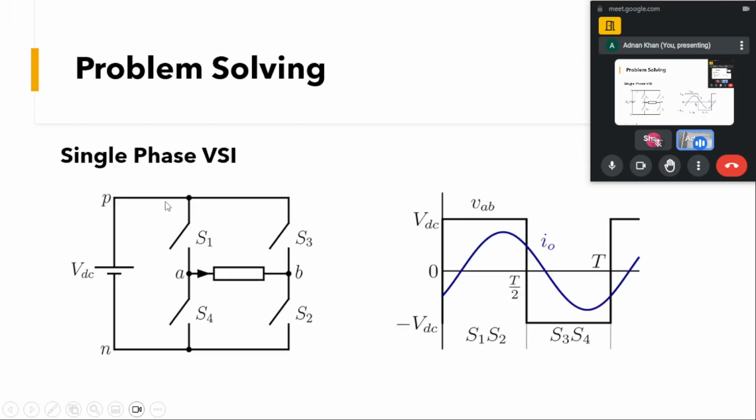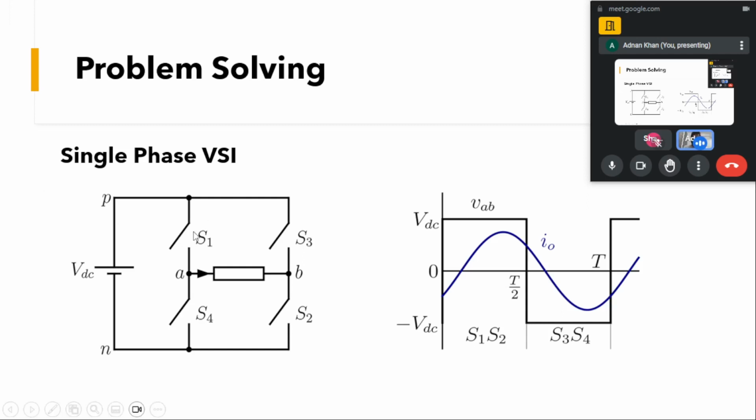Now coming to the single phase VSI, the full bridge, we will have an H bridge kind of structure, like we saw. We'll have a VDC, and between A and B we'll get an AC kind of waveform, a square wave.